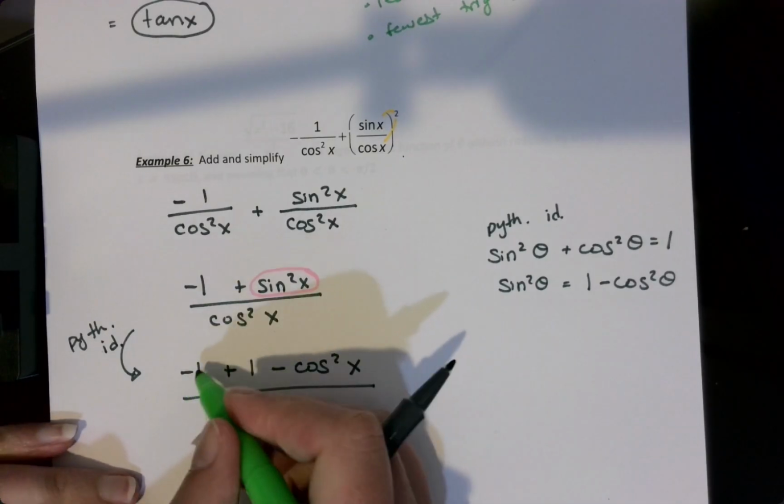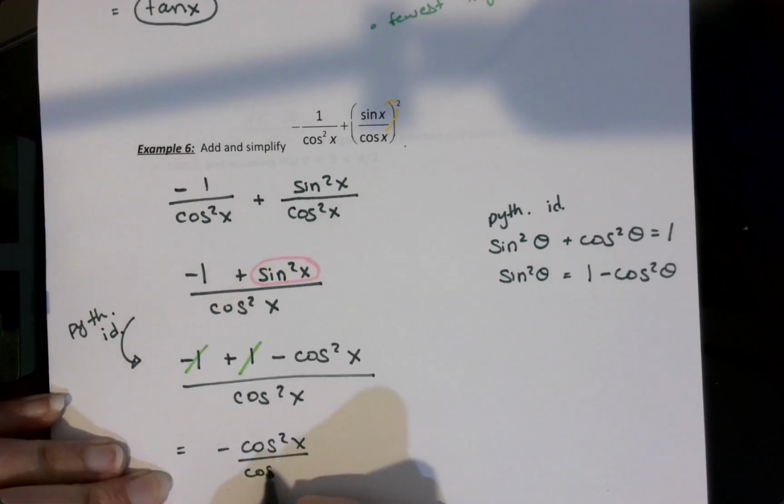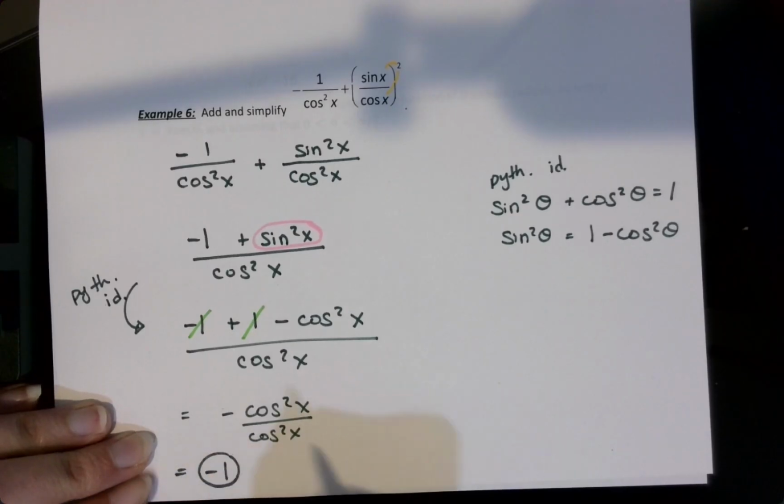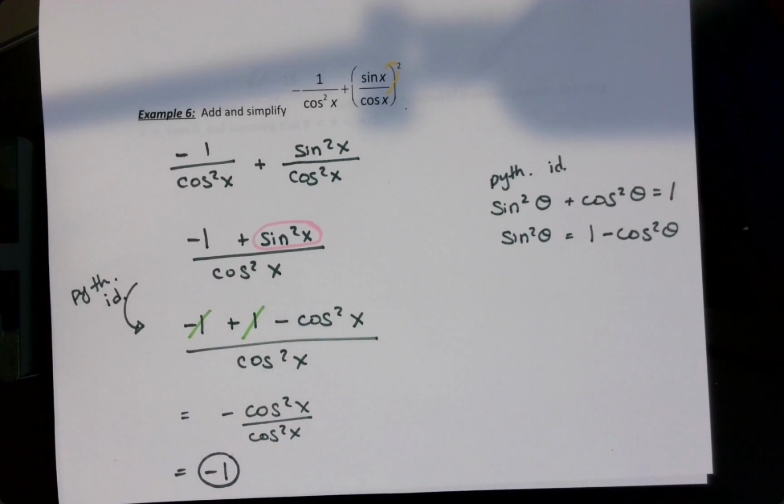We could see how that was very nice when I had a sine squared function, and the addition to the 1 there really helped me pull this together to get this as simple as possible. Pythagorean identities are only going to be used or substituted when you do have sine squared, cosine squared, or tan squared, cosine squared. Any of the trig functions need to be squared in the Pythagorean identities. If they're not squared, then you're going to be looking at one of your basic identities instead.